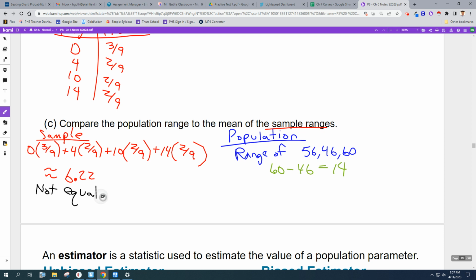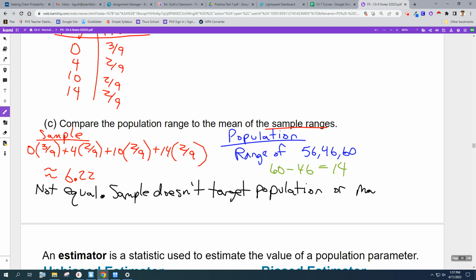So we have those same conclusions. Sample ranges don't target the population range or make good estimators.